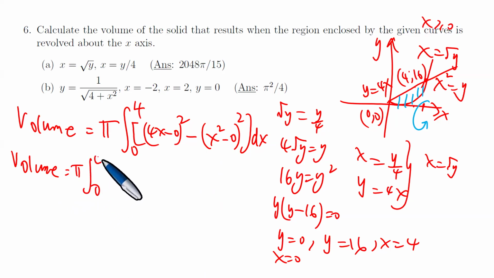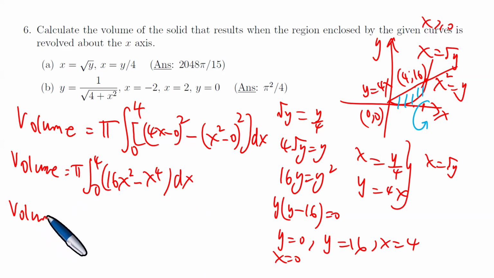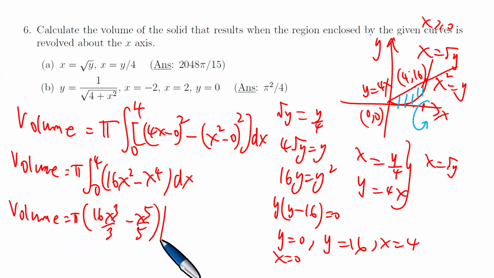Pi, the integral from 0 to 4. You square them, you get 16x squared minus x to the 4th power, dx, so that the volume is pi times 16x cubed over 3 minus x to the 5th power over 5, from 0 to 4.